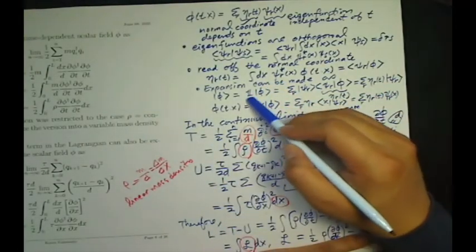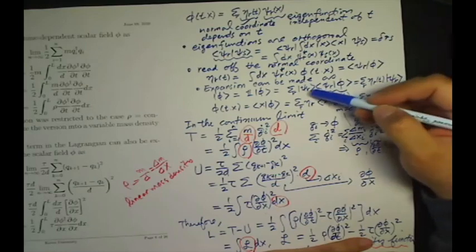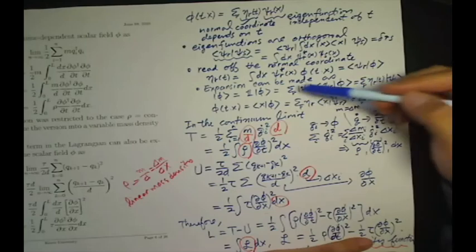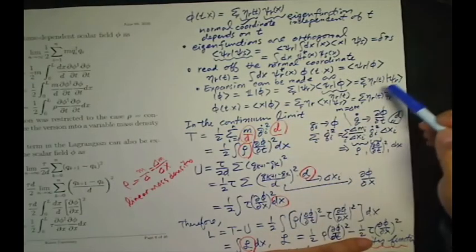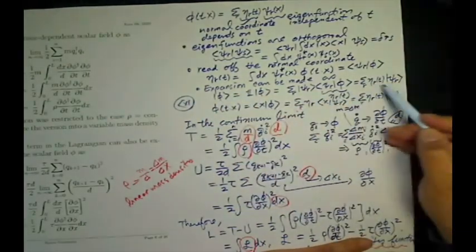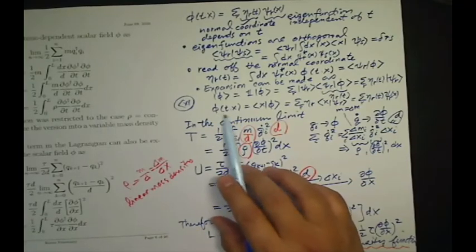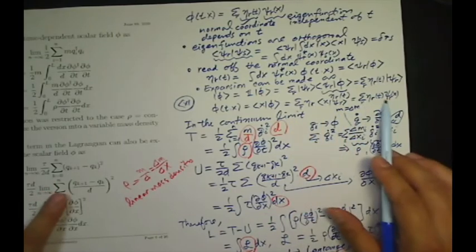This identity operator can be rewritten by making use of the completeness relation for the eigenkets. So the direct product of the eigenkets summed over all possible quantum states will lead to this, and that is equivalent to the previous notation. In the functional form, if I multiply this one to the above equation, what I obtain is the field phi, and this is a function, that is the expansion in terms of the eigenfunction.